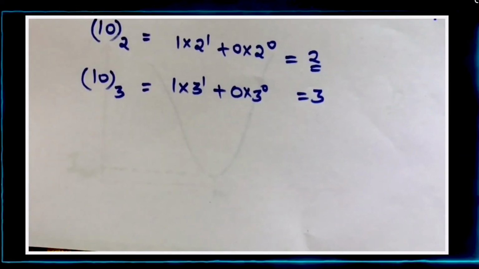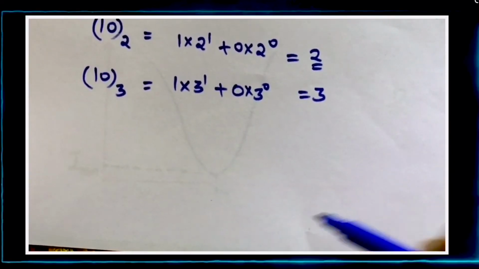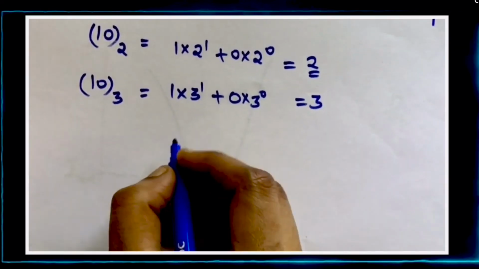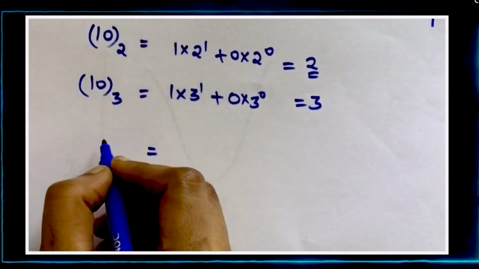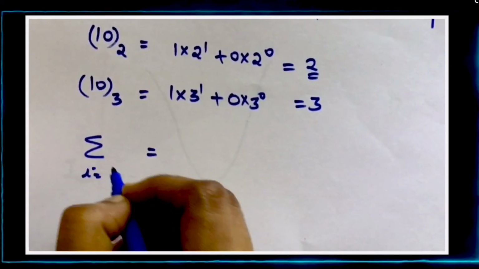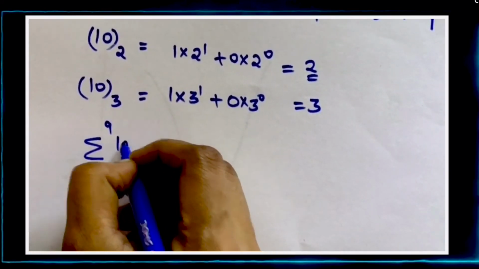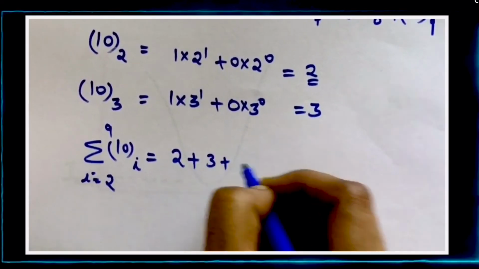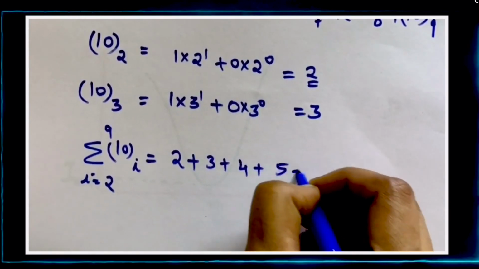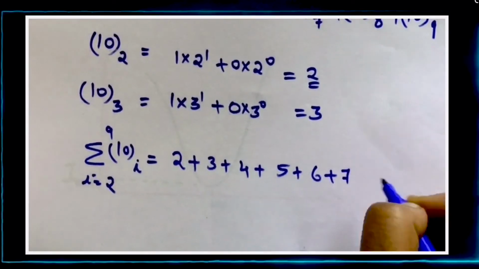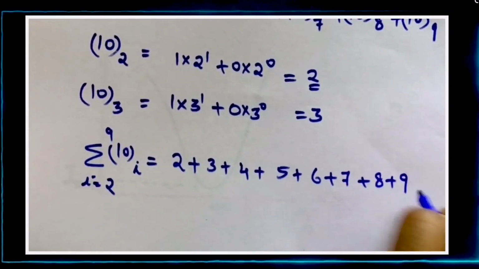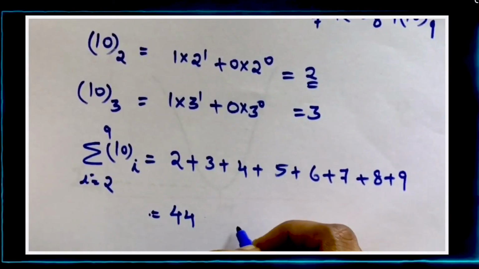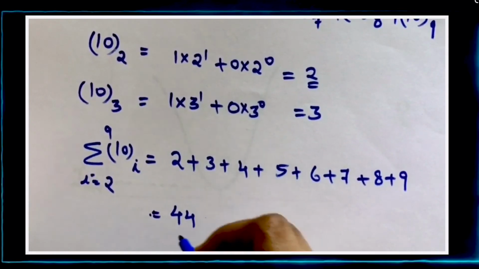In the similar manner, we get value of 10 base 4 as 4, 10 base 5 as 5, 10 base 6 as 6. So our desired term becomes 2 plus 3 plus 4 plus 5 plus 6 plus 7 plus 8 plus 9, that is equal to 44. Thus our answer is option D.